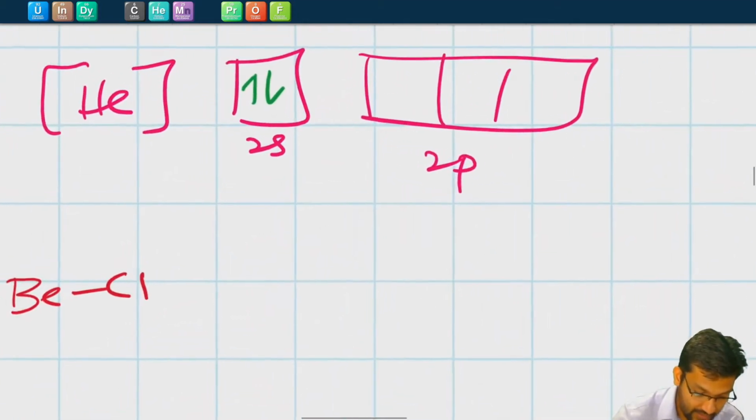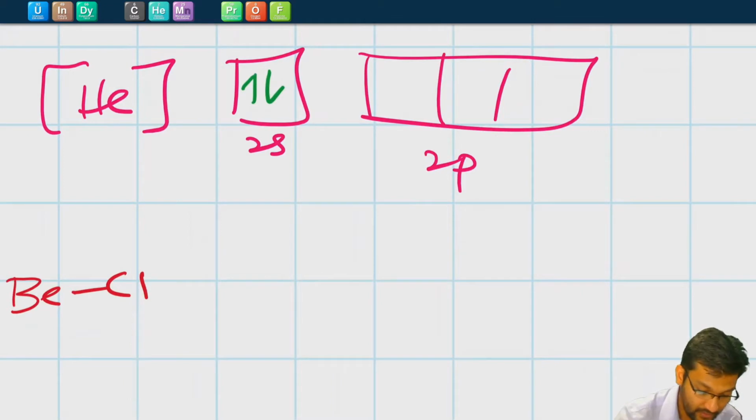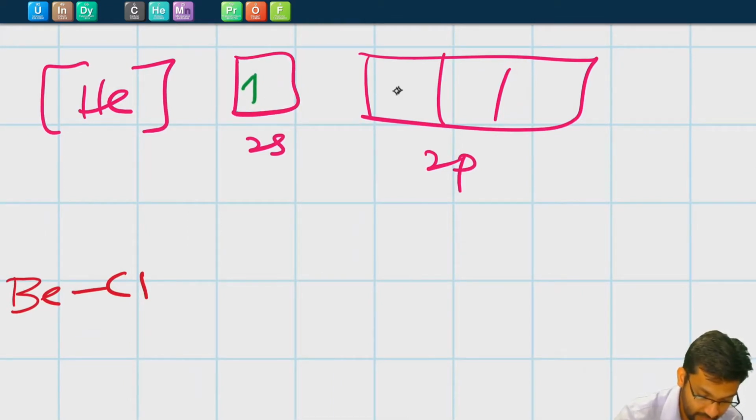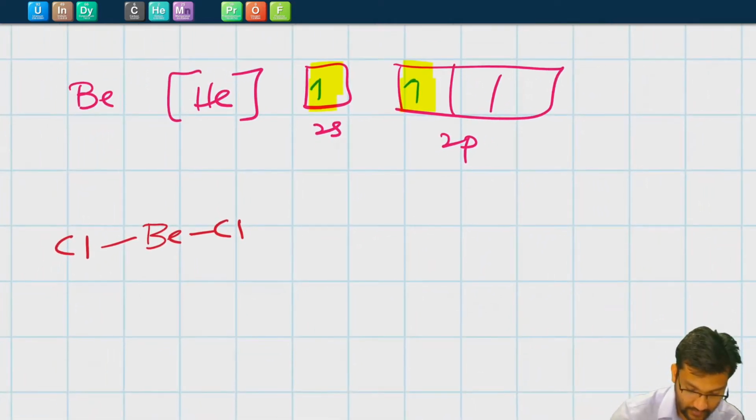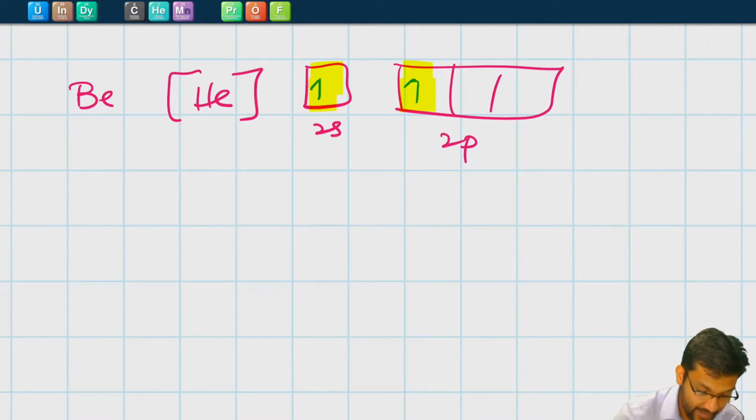Well, what it does is there's a teaming up of orbitals. It moves this electron over here somewhere. And so now you have these two orbitals, let's highlight them, that are teaming up to form two orbitals with unpaired electrons to help form bonds.